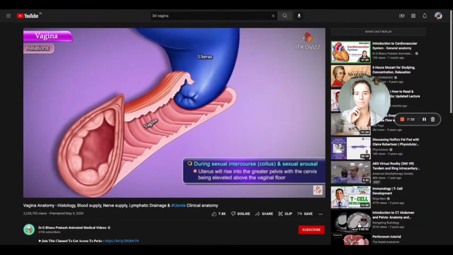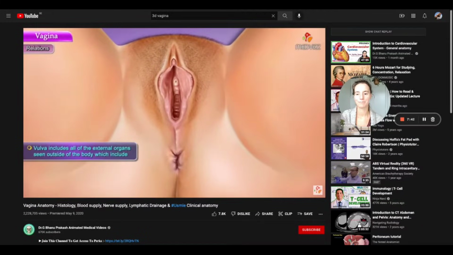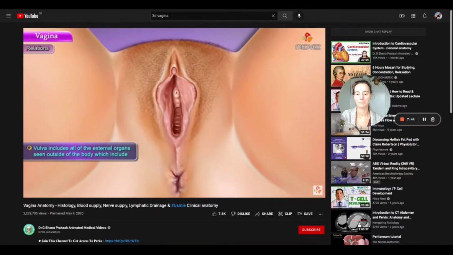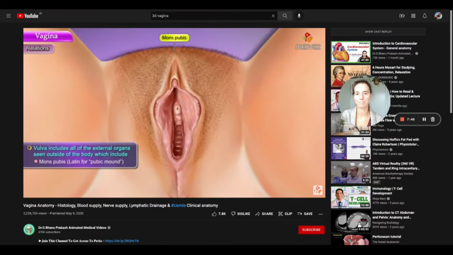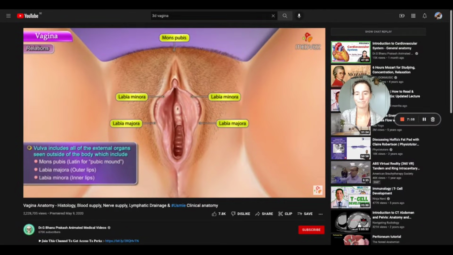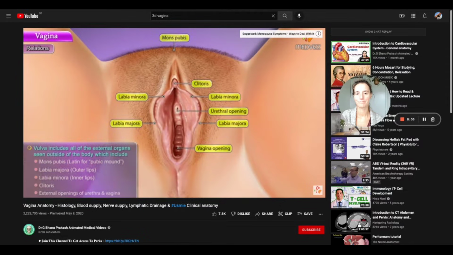The uterus will rise into the greater pelvis, with the cervix being elevated above the vaginal floor. The vulva includes all of the external organs seen outside the body, which include the mons pubis, which is Latin for pubic mound, labia majora, or the outer lips, labia minora, or the inner lips, clitoris, the external openings of the urethra and vagina.